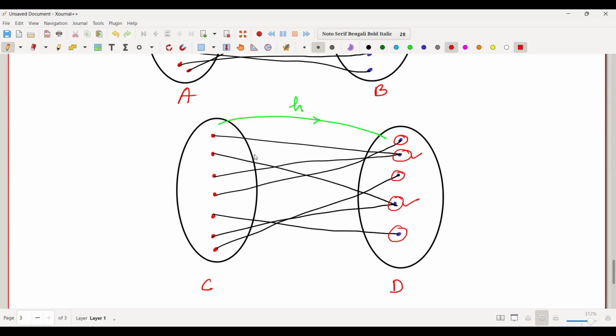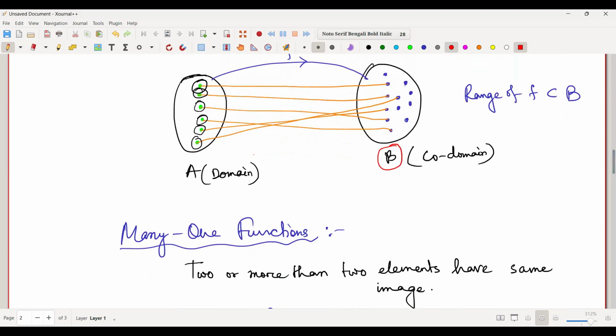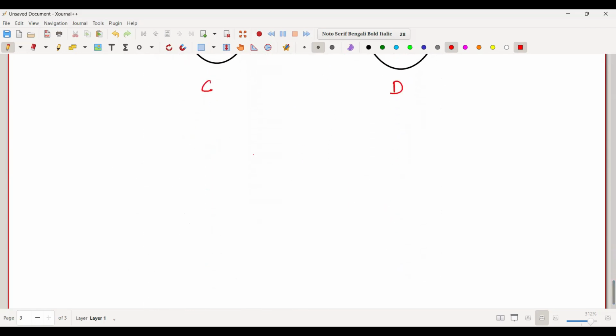And for a one-one function, for a function, no element of the domain is free, and for a one-one function maybe the codomain has more elements. So from this notion we use this extra note.